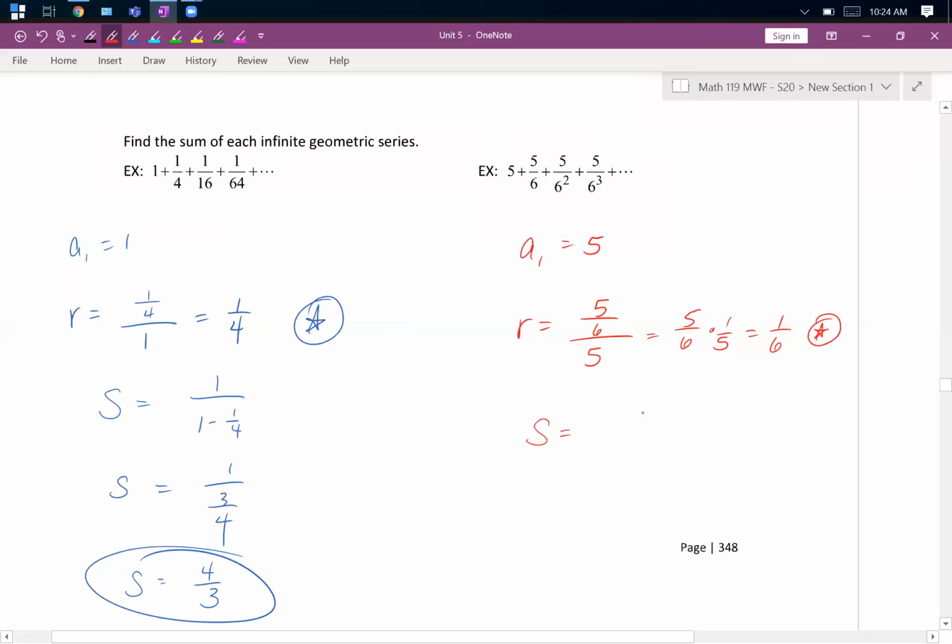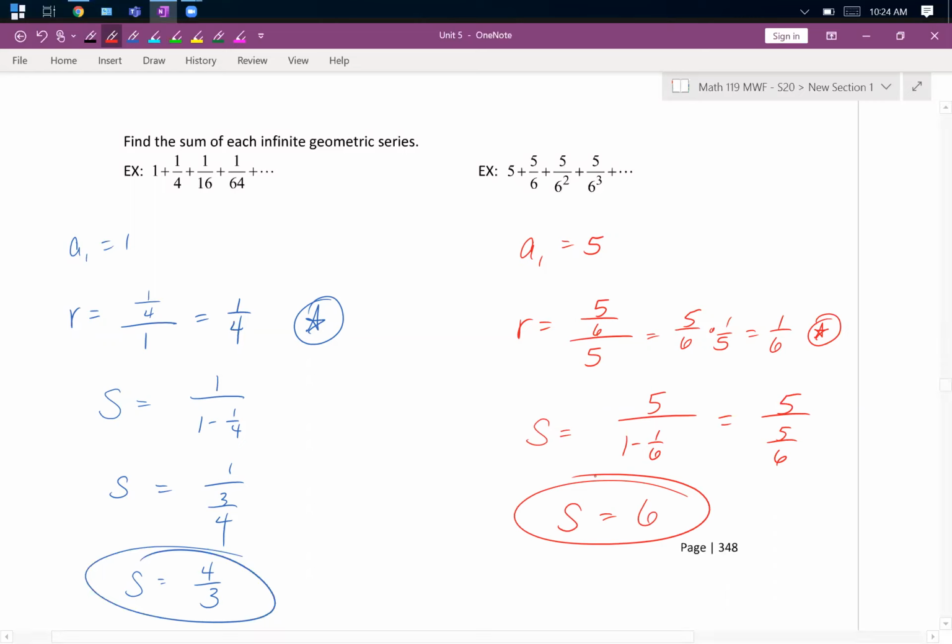Our infinite sum is going to be 5 divided by 1 minus 1/6. So that's 5 divided by 5/6. We get an infinite sum of exactly 6. Questions, anybody?